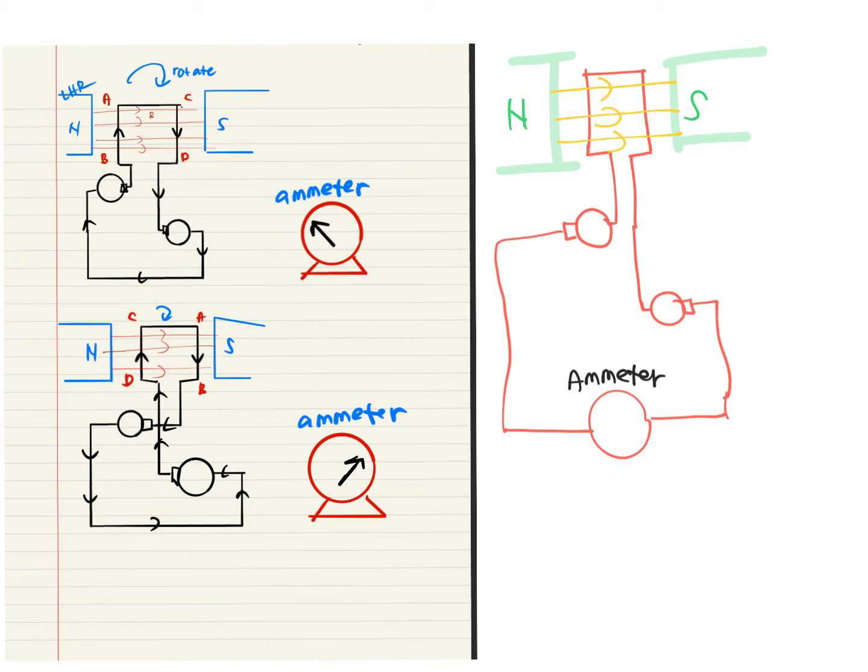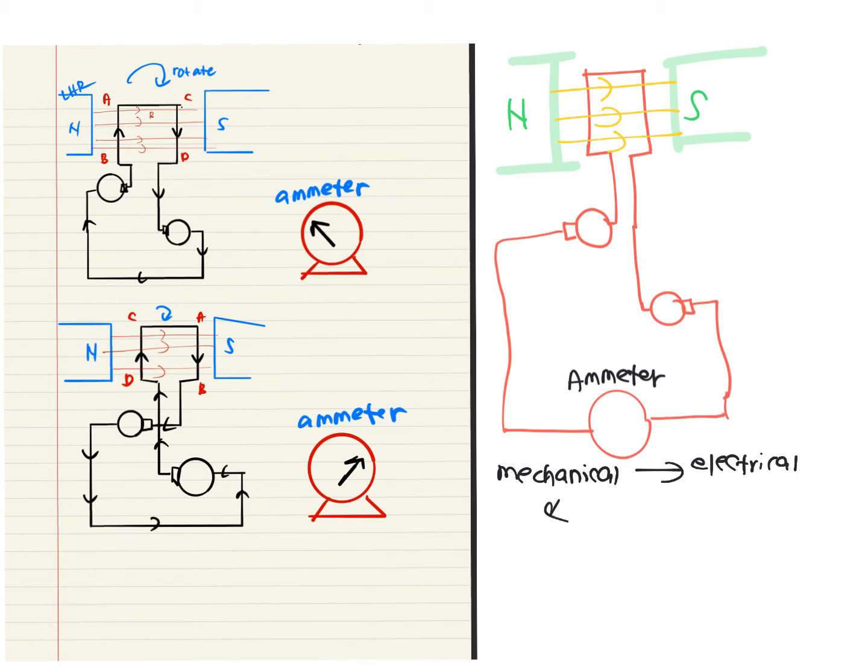As you can see, a generator basically converts mechanical energy into electrical energy.